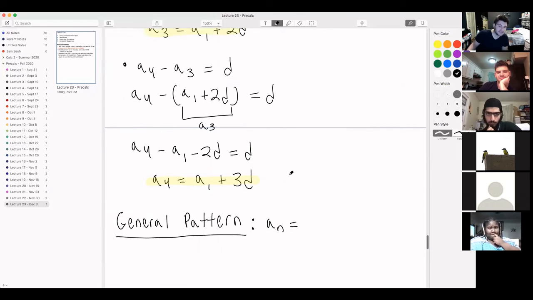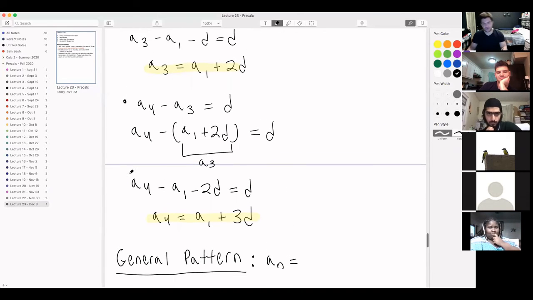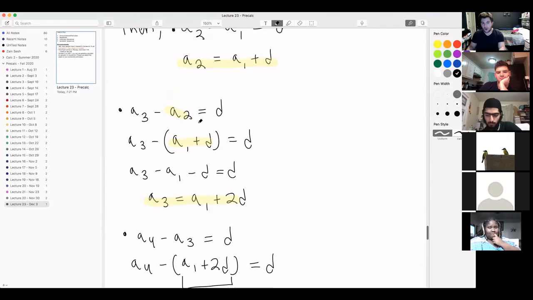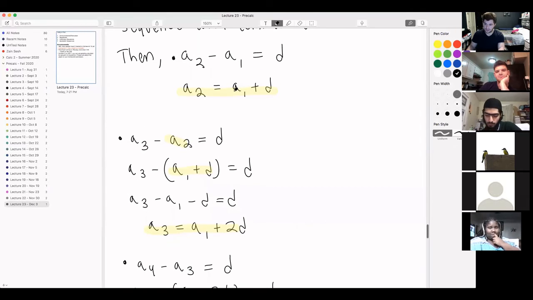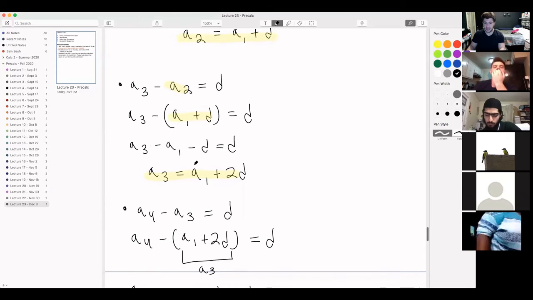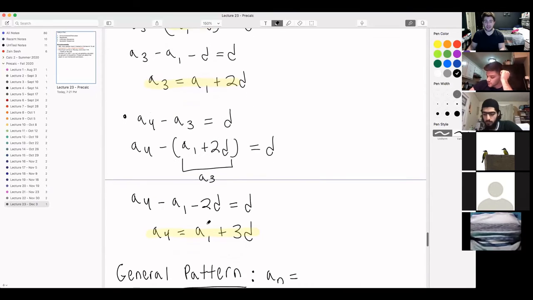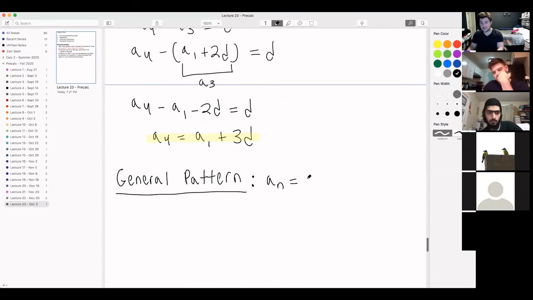So we're trying to find a general formula here. So all of them have a1 present. It's a1 plus d, a1 plus 2d, a1 plus 3d. So a sub n will be a1 plus something, okay?